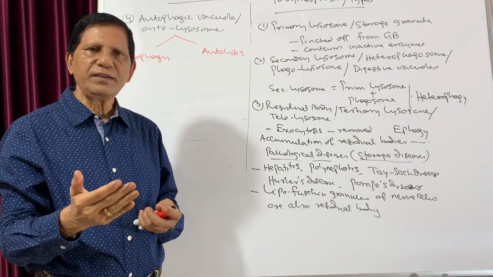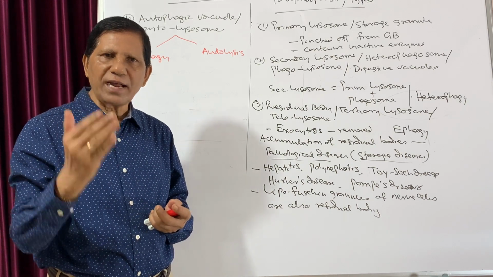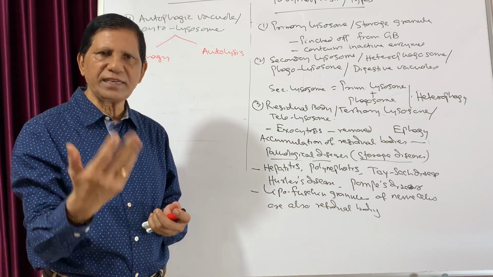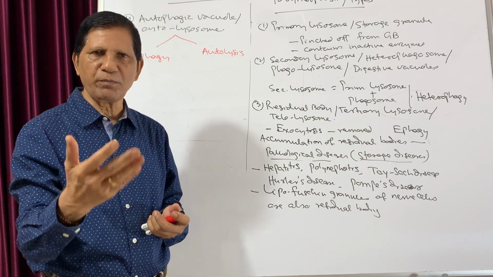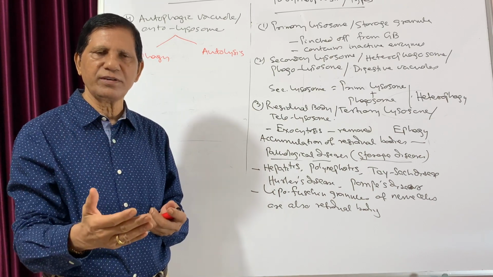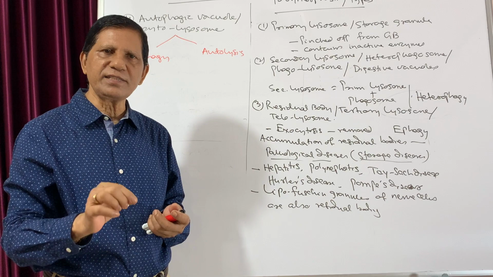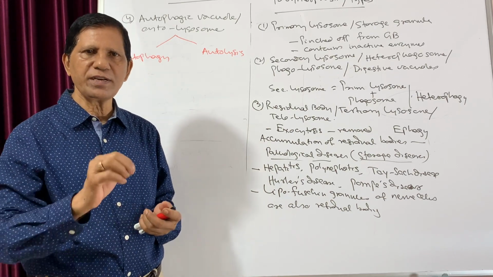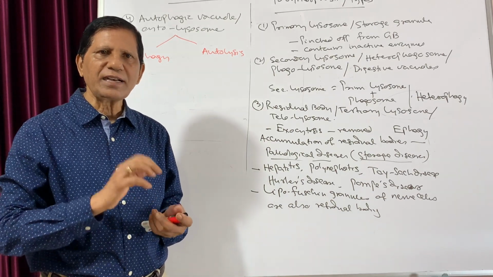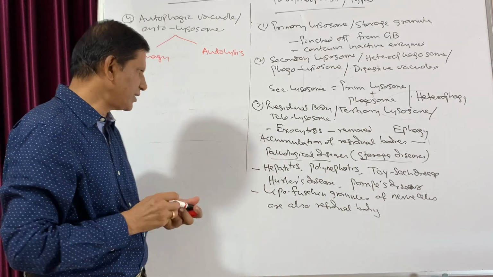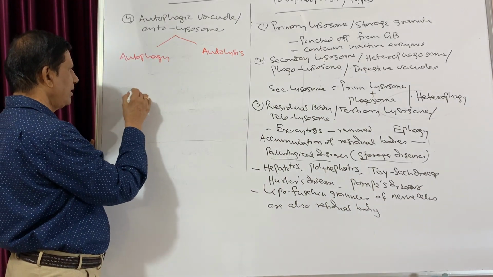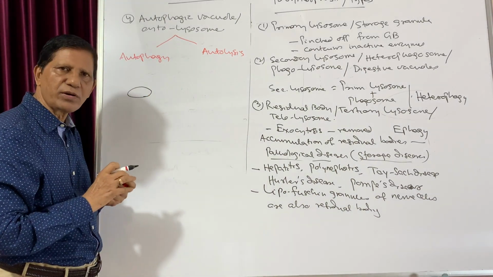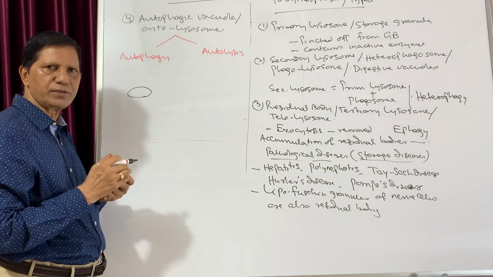Sometimes in the cell there are certain organelles which degenerate, or they may be surplus, or defunct, and their presence inside the cell is not necessary. They should be destroyed. Suppose this is one organelle which is defunct or extra surplus.